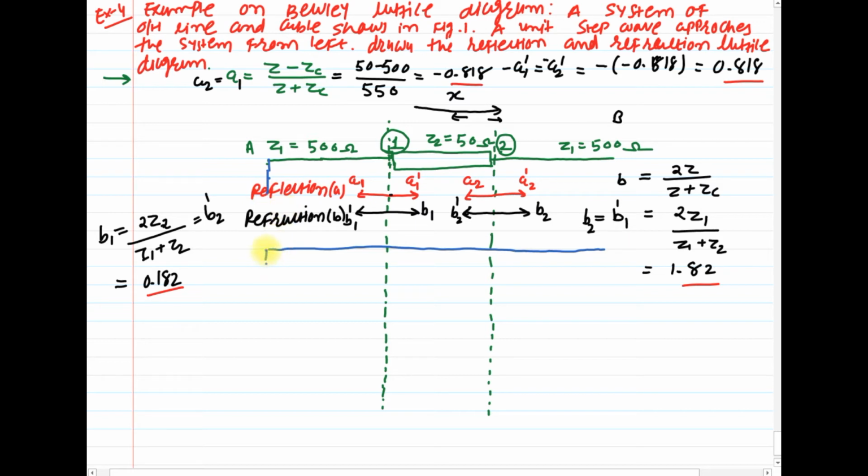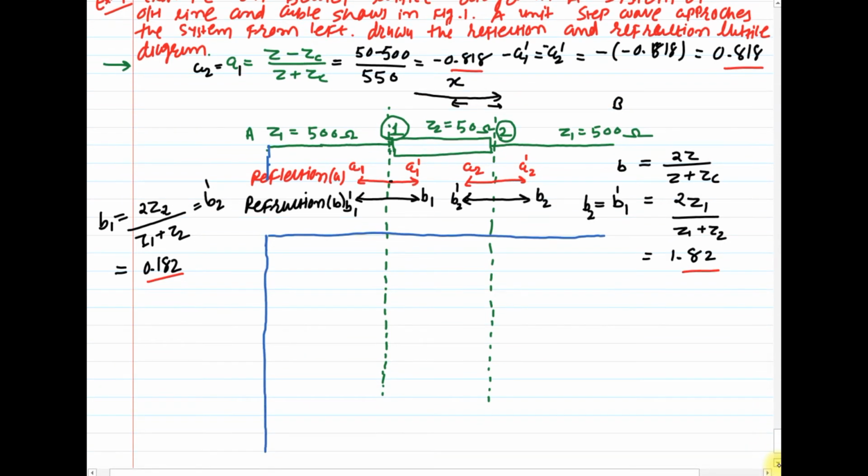Over here, the vertical line shows the time taken to travel the transmission line by the reflection or refraction wave. We'll write over here time, in general it is in microseconds.